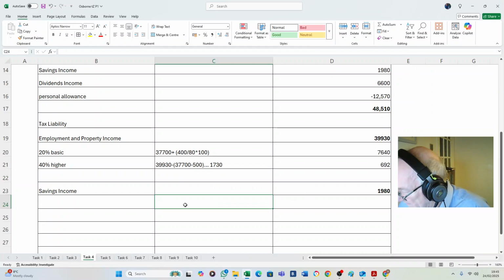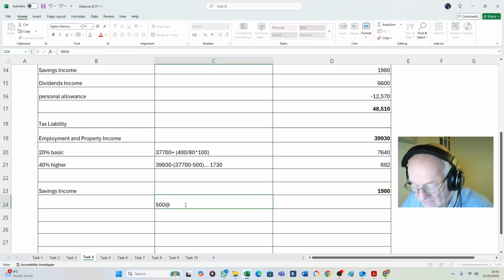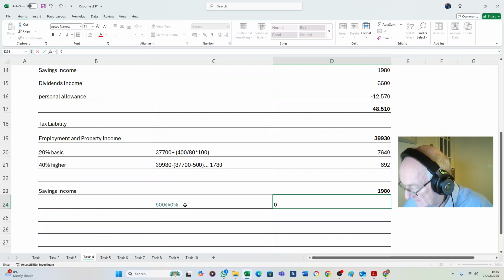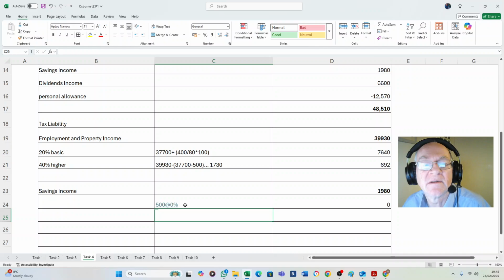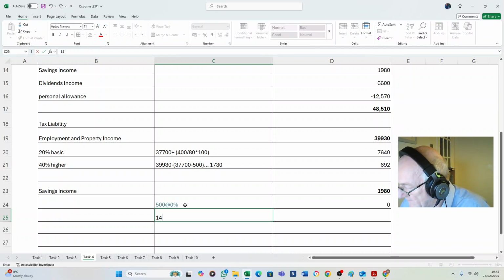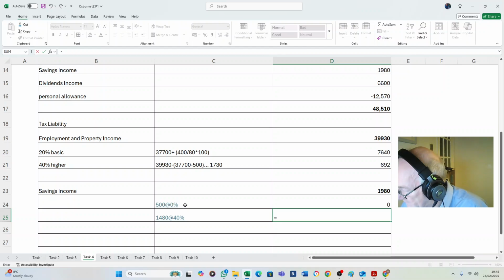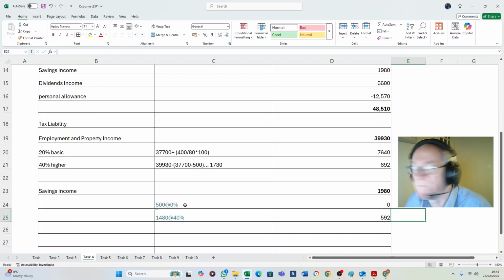So what we've got: 500 at 0%. Okay, it's not a disaster if you miss it out. And then the rest of it, 1480 at 40%, because she's already a taxpayer. 592.